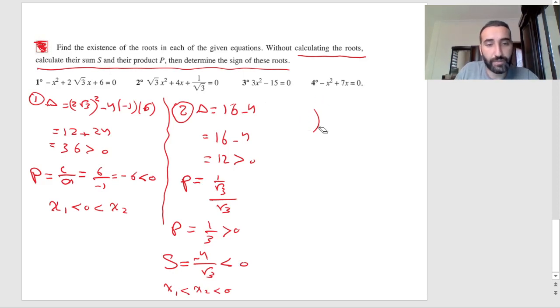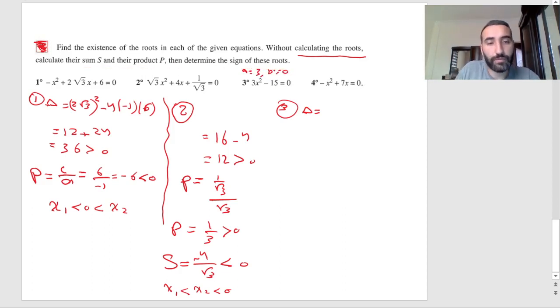Let me erase this. I'll go to number 3. In number 3, first, delta: a equals 3 and b equals 0, because I need to use them, and c equals negative 15.